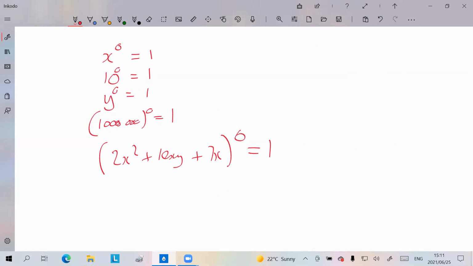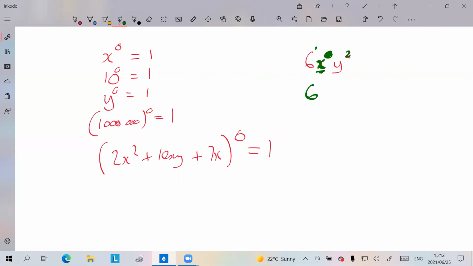So if I had something like this, 6x to the power 0 times y squared, that 0 is attached only to the x. There's no exponent here on the 6, and there's a 2 on the y.